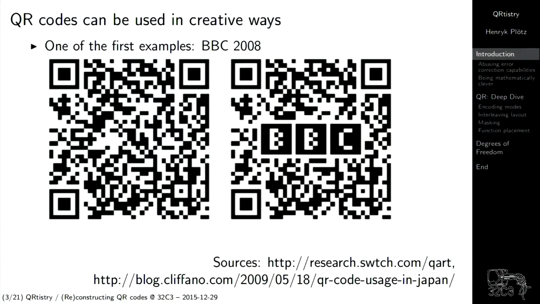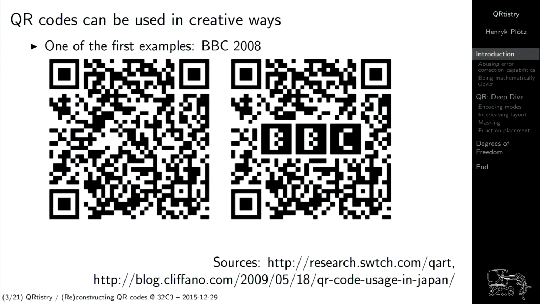Apart from the standard use, which I'm only talking about a little, people have been using QR codes in a variety of creative ways. Most of you might be familiar with the right one. That is one of the first examples for a QR code that isn't just for machine consumption, but also nice to look at for a human.